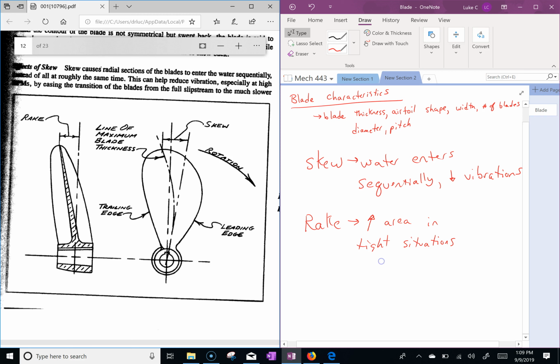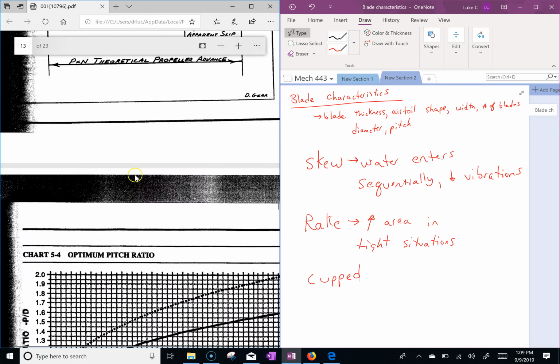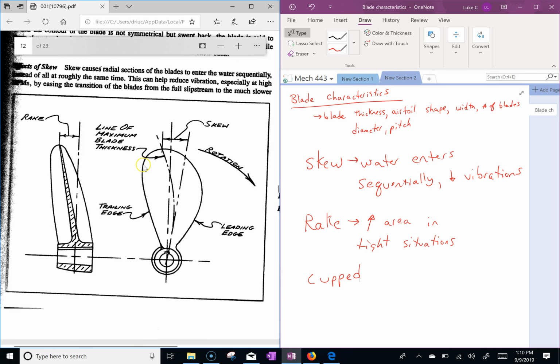And then I believe on the next page is cupped. Nope, I didn't have cupped, but I'll tell you what those are. Basically, at the end of these tips out here, it curves up a little bit, like a cup would.